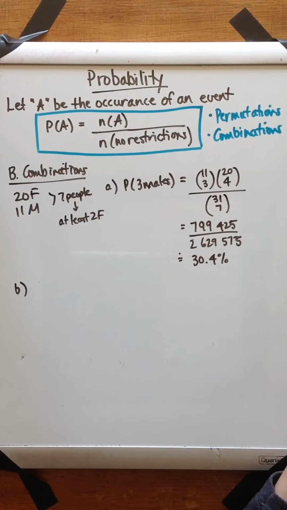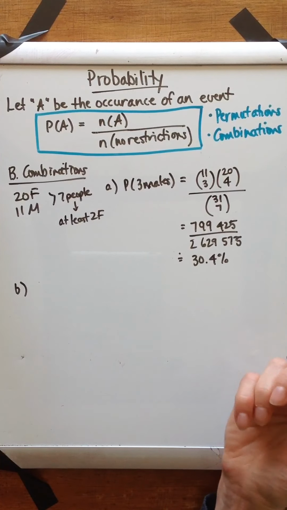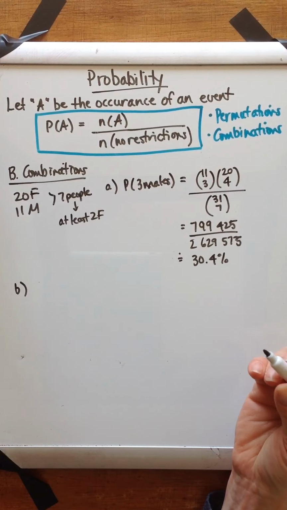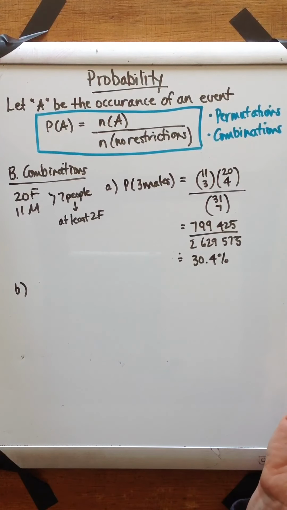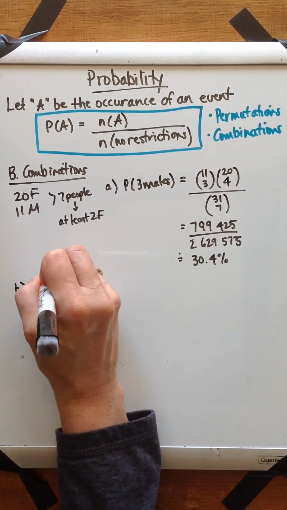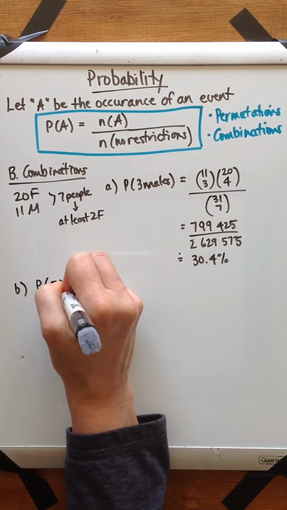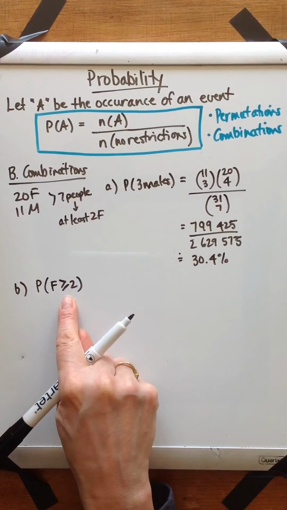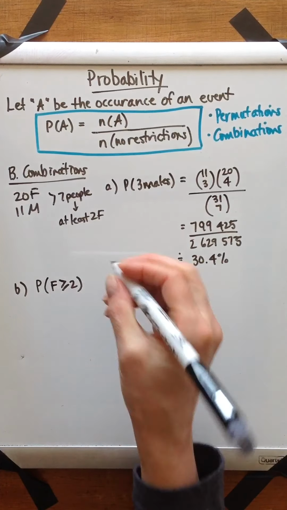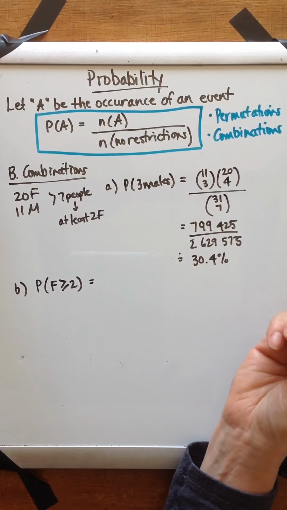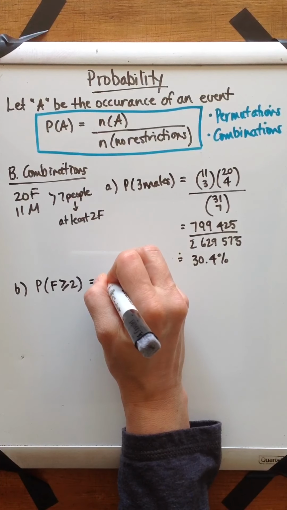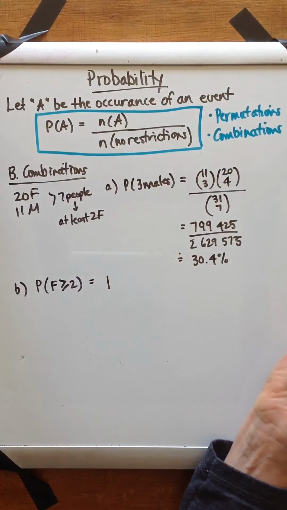It can be solved directly, but I like to propose that for this one, it actually might be easier to solve if it's done indirectly. So the probability of choosing at least 2 females, I've written that as females have to be greater than or equal to 2. And this time I'm going to work with decimals. So here is no restrictions, all scenarios.